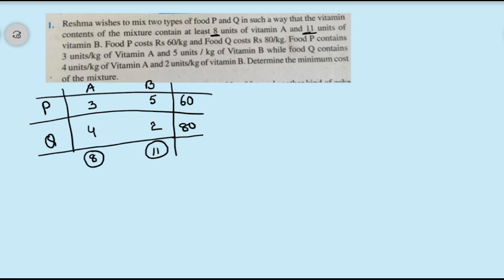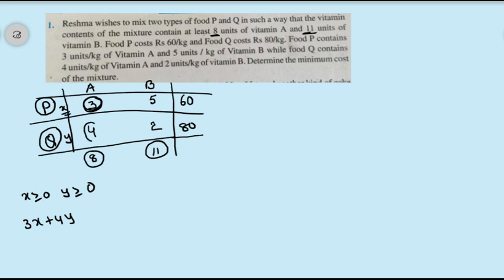To minimize the cost of the mixture, how to take the food? I am assuming we are taking food P x kgs, food Q y kgs. No doubt x is greater than or equal to 0, y is greater than or equal to 0. Now 3x plus 4y, because in 1 kg we have 3 units of vitamin A, so in x kgs 3x.